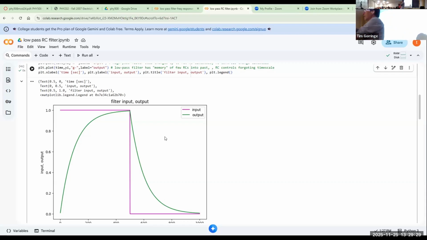It shows you the memory of the filter. So you can think of this RC circuit as having some sort of memory of the past, and the memory is determined by the RC time constant. So if we change it from 1 to 10 to 100 seconds, we see the memory lasting from 1 to 10 to 100 seconds. That's basically what we're seeing.